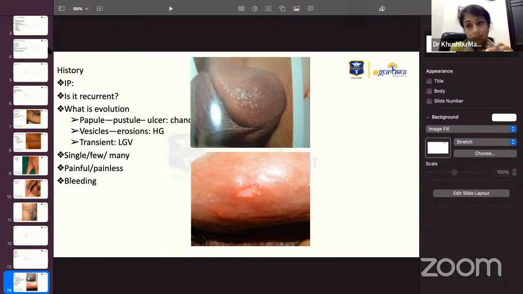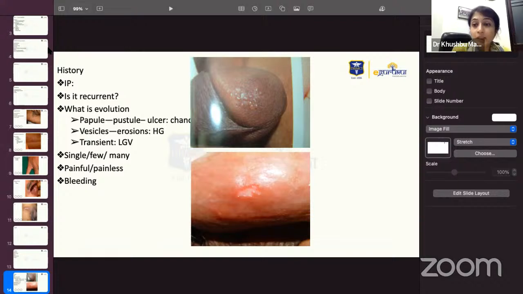In herpes, there are superficial, multiple vesicles and erosions. In chancroid, there can be multiple ulcers, but there will be few. There will not be hundreds, like tens and twenties of them. A syphilis ulcer would be single. LGV, I told you, we hardly get a single ulcer. And in donovanosis, again, usually you get a single ulcer, but it's so beefy and exuberant, covering so much area. So single ulcer, syphilis; few, chancroid; and many, herpes.